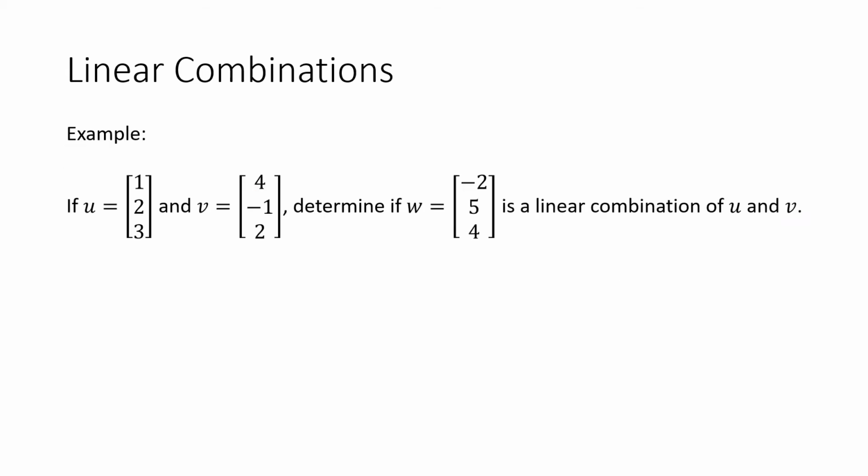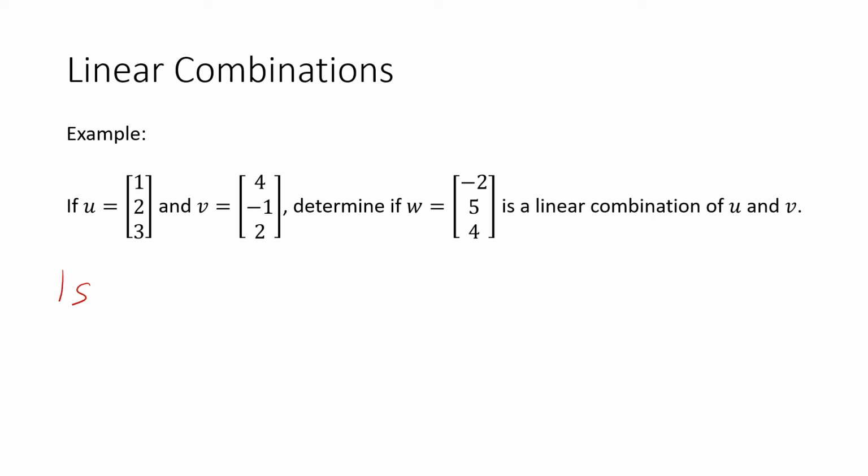So, for example, let's work through a problem. If we have u and v equal to those two vectors, determine if w equal to that is a linear combination of u and v. So in other words, is it a linear combination?